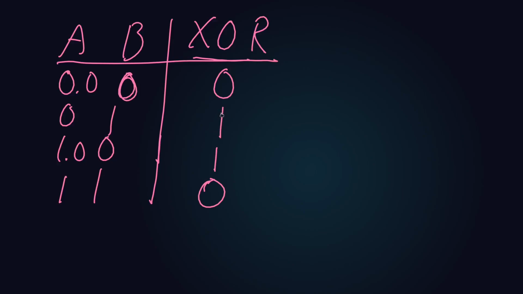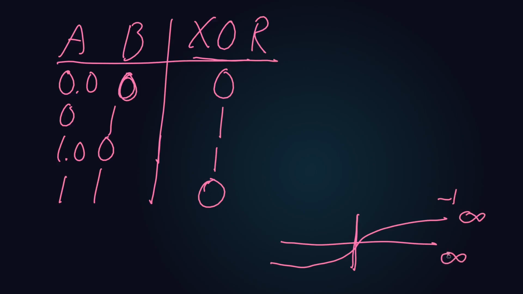Because 1 is at the edge of tanh's range, right? So tanh looks like this. And I know I've drawn this several times, but just so we're clear, it approaches the value 1 at infinity.